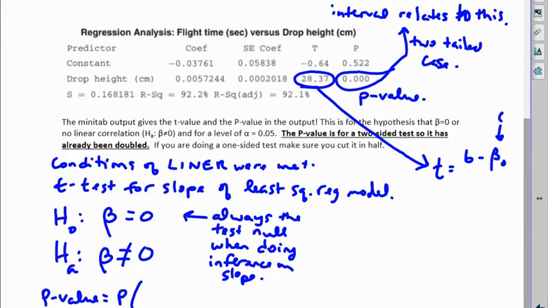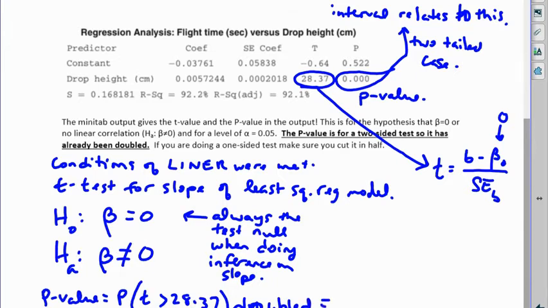Let's verify that number by looking at the calculation of that t-test statistic: our statistic value minus our hypothesized value, which of course is 0 because you can see that in the null hypothesis, over our standard error for b, for slope. That t-test statistic is 28.37.